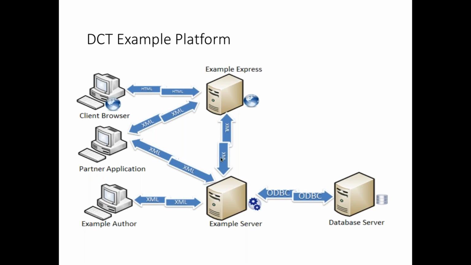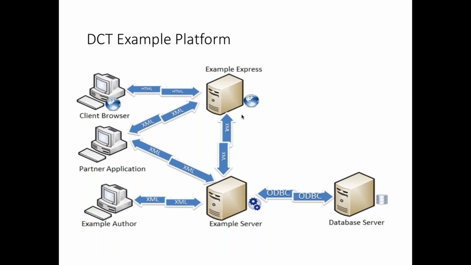Now Example Express has the data available with it. It straight away gives all the commands to Example Server without a second thought, because it doesn't have that much intensity or intention to solve the problem.